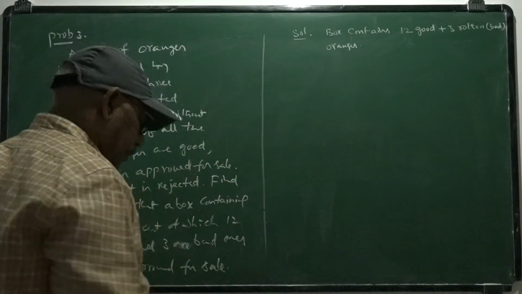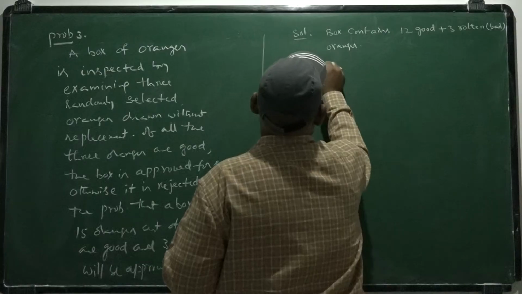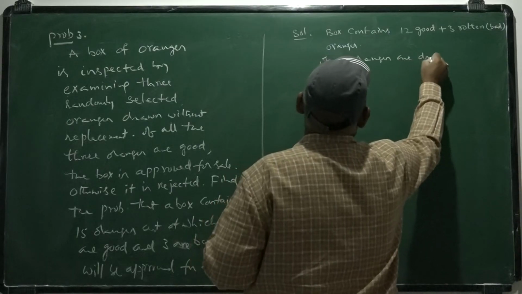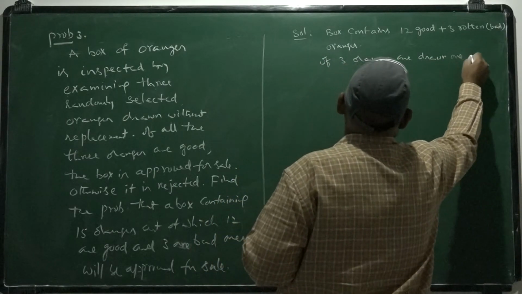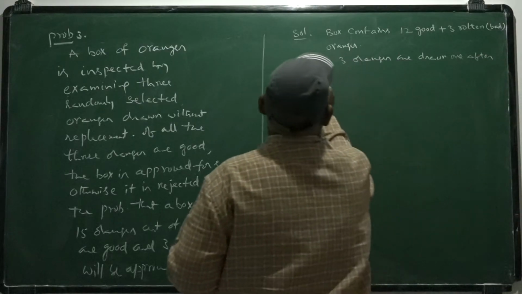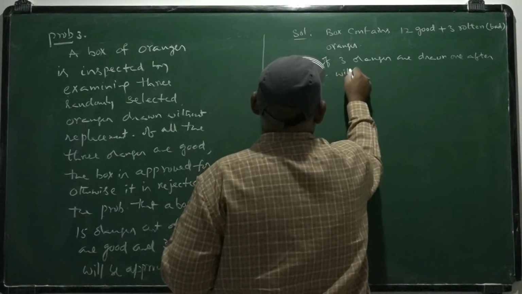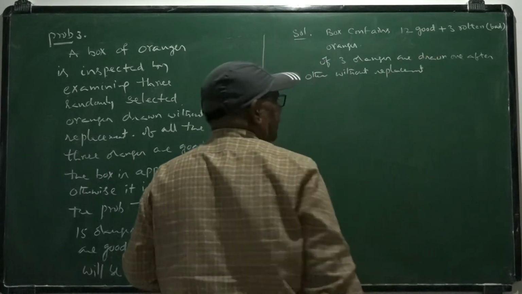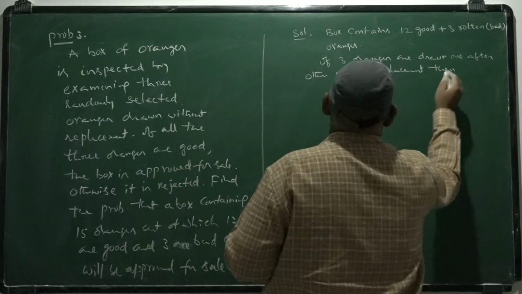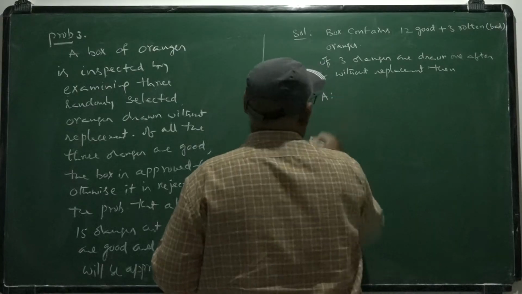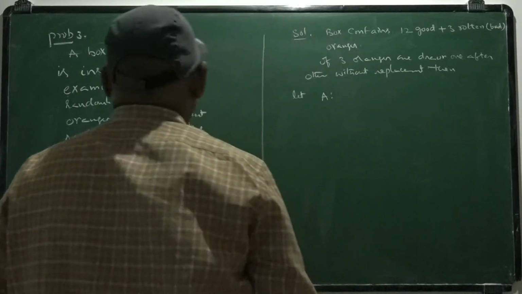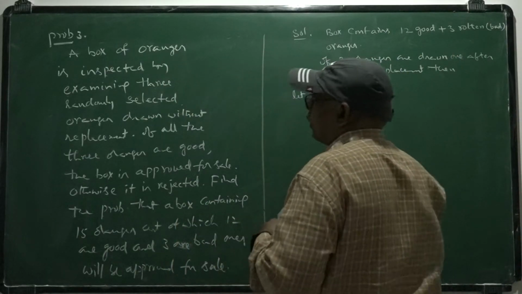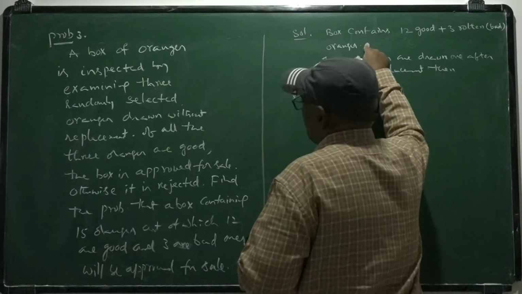Once 15 oranges are in the box, if 3 oranges are drawn one after another without replacement, then if 3 successively drawn oranges are good, the box is approved.